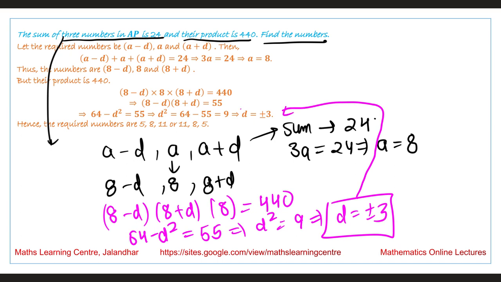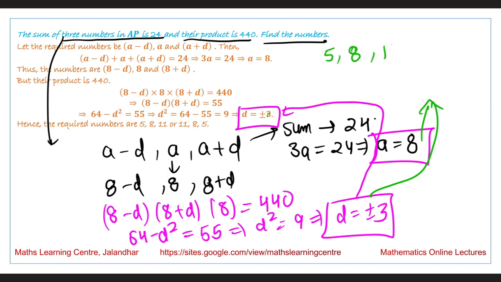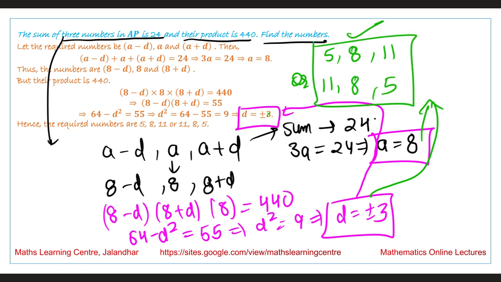The value of D is plus or minus 3 and the value of A is 8. So using these two values, the AP is 5, 8, 11 or it is 11, 8 and 5. So these are the three numbers in AP.